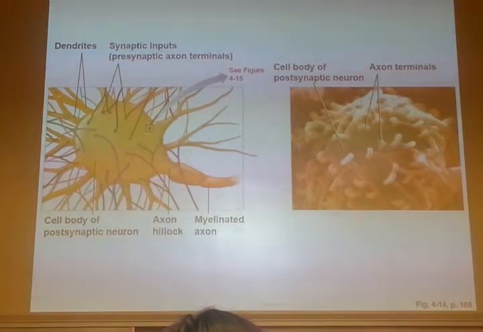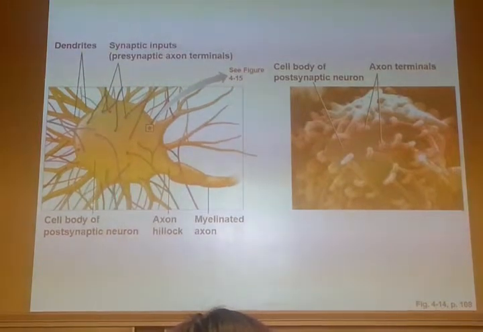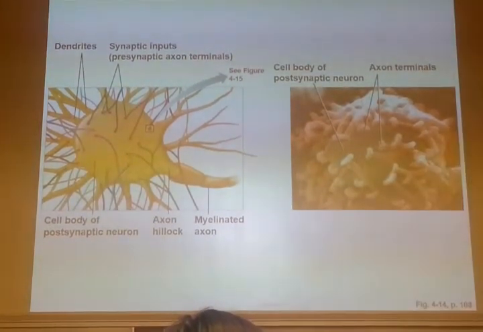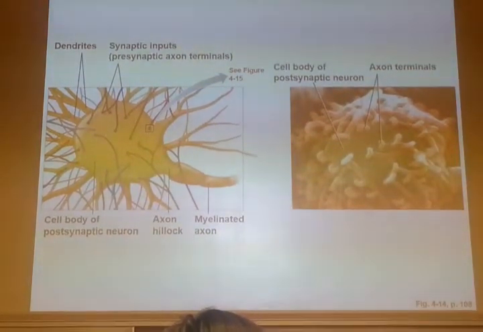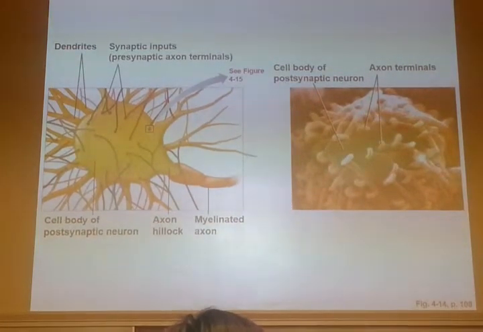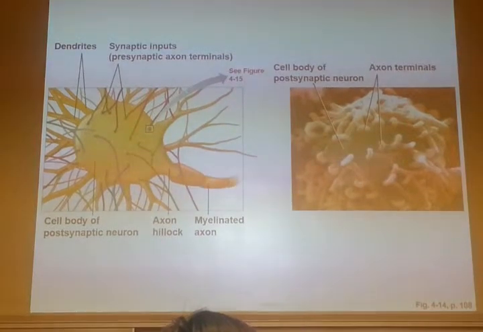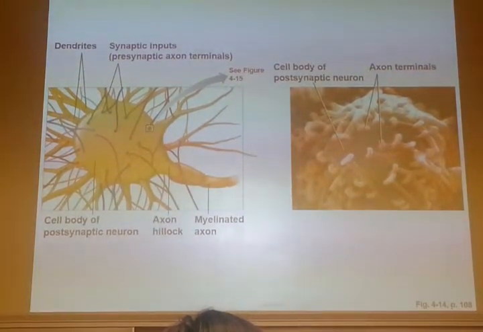What you see here are some magenta, some green, some blue colored axons. These are from different neurons. Some will be excitatory, some will be inhibitory.